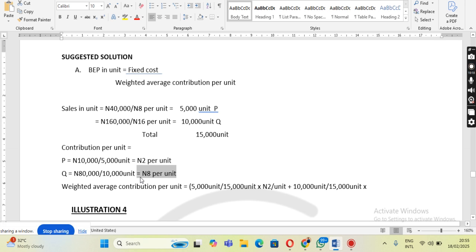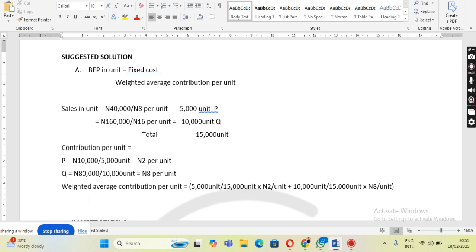It is 8 naira per unit, right? You close the bracket. So this will give you the weighted average contribution per unit for the two products.